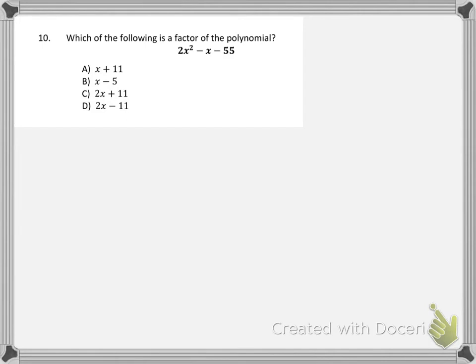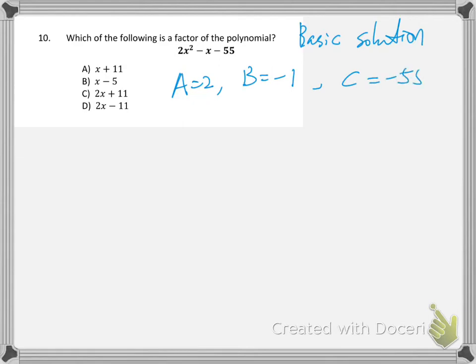2x squared minus x minus 55. Okay, so I'm going to first use the quadratic formula and then I'm going to use the factoring method, trial and error method, to factor it. So first, the basic method. a is 2, b is negative 1, and c is negative 55.